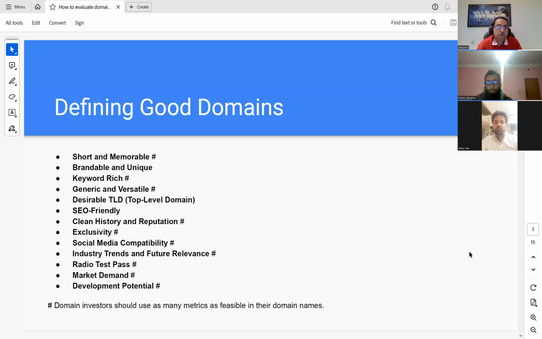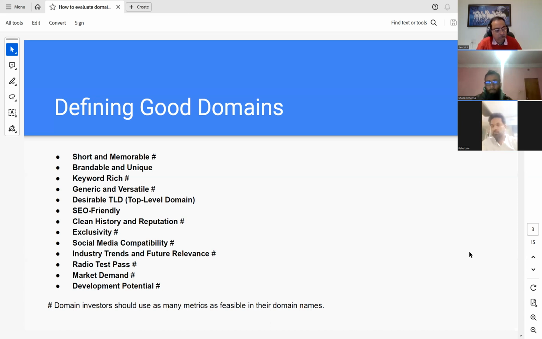Like if I talk about one brandable domain, that is gadmo, GADMO, gadmo. It doesn't require any specific keyword which has any meaning, like Google.